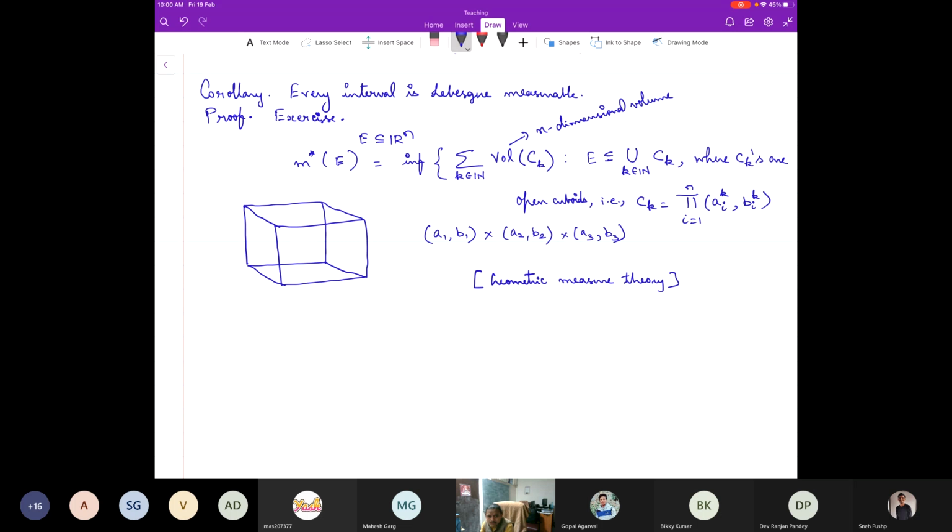The proof should not be difficult. Once we do the abstract theory, we should be able to say a lot, especially towards the end, when we do so-called product measures and Fubini's theorem. In those contexts, we should be able to say. That's the thing. Any other questions?